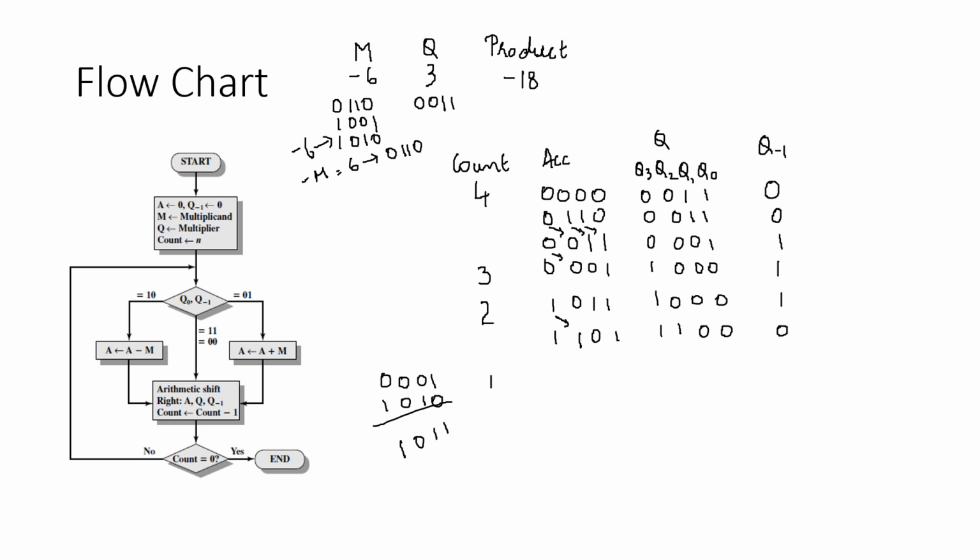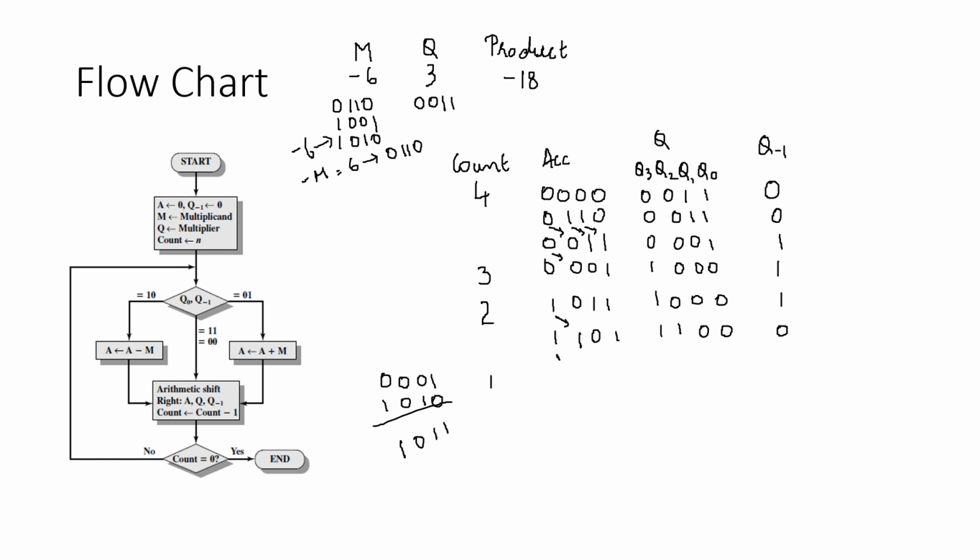So 1 is not equal to 0. Now we see the last two bits, which is 0 and 0. So if it is 0 and 0, we again just write shift without addition or subtraction.